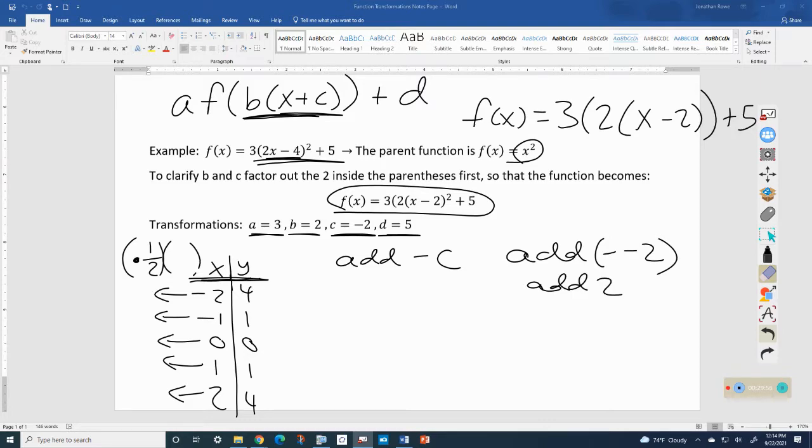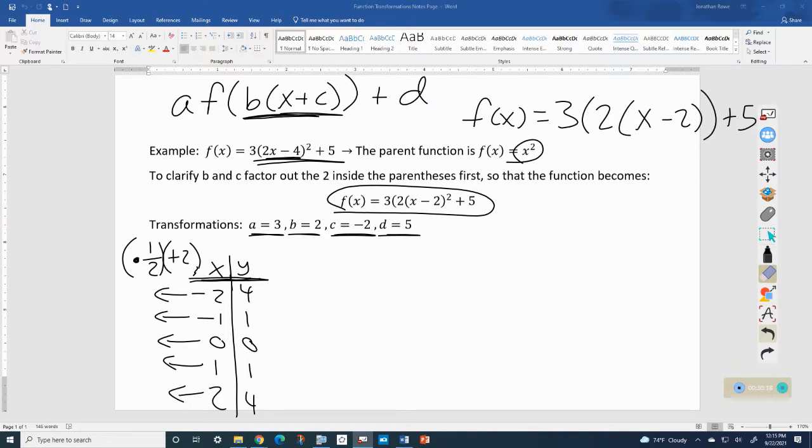That is very confusing, but hopefully after seeing me make a fool of myself on that, you will have the benefit of not doing that yourself. So I just need to add 2, not subtract 2.